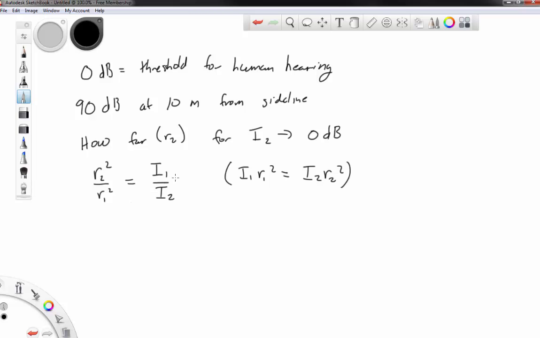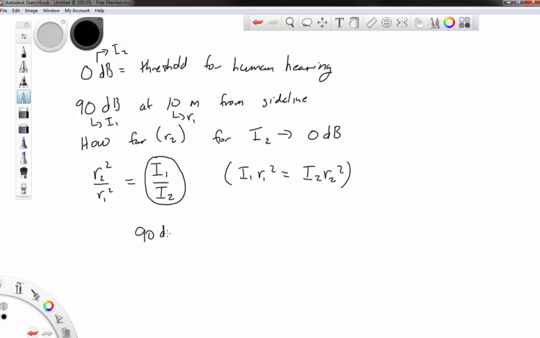So I1 over I2 is going to give us the ratio of the loudness at the distance R1. This is equivalent to I1, this is R1, this is I2, and we're solving for R2. So this ratio is the ratio that you get from 90 decibels over 0 decibels.